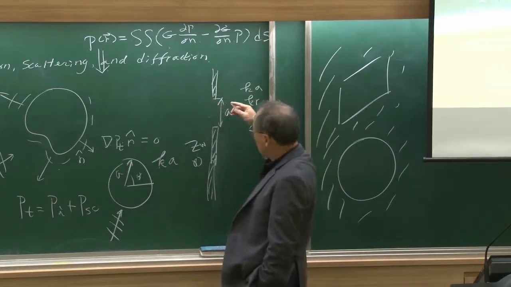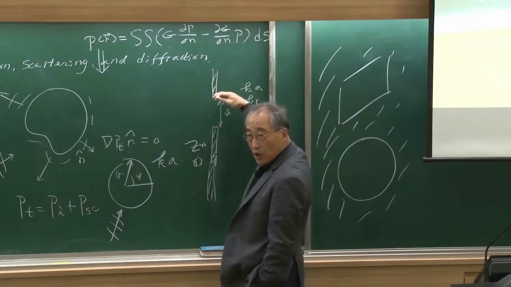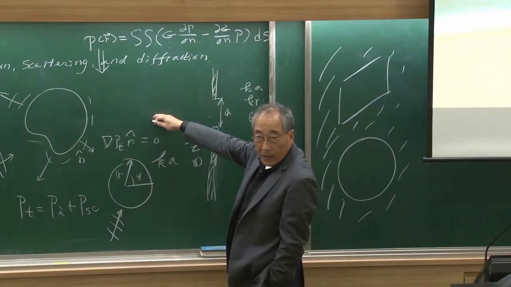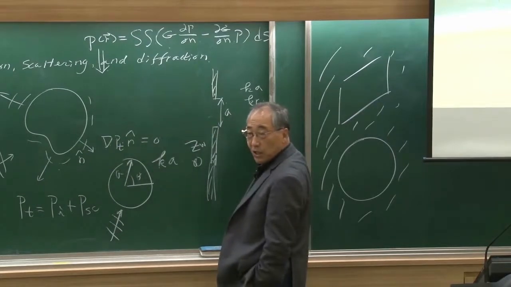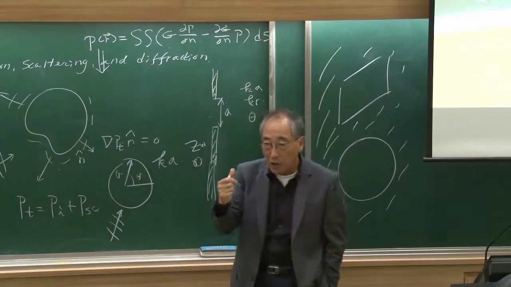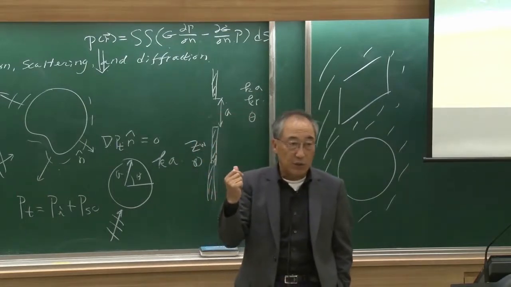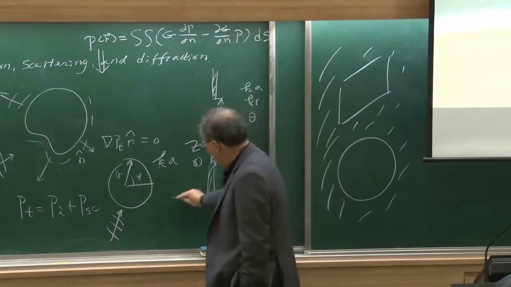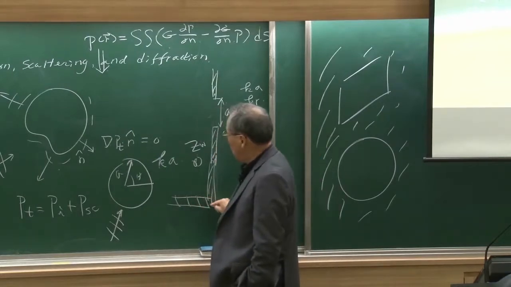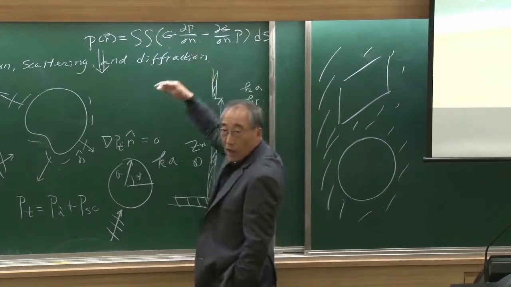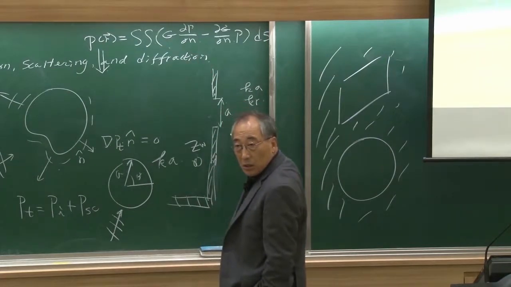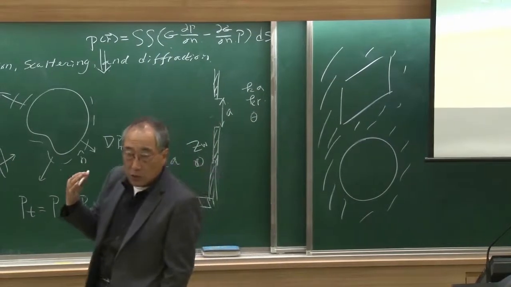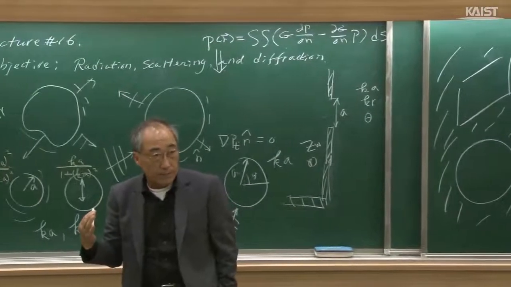That's the case when a is very, very long. Then we can get a solution by looking at the half space of this case. That provides us the diffraction problem, the analytic solution of the diffraction problem. And also we can invite another boundary condition over here and boundary condition over there and split it out. The half space solution will give us the analytic solution of the diffraction problem.